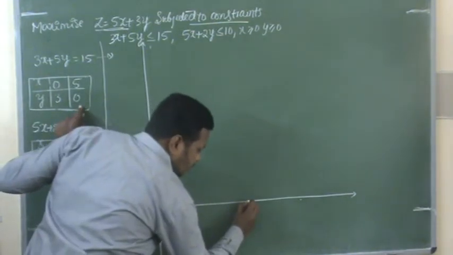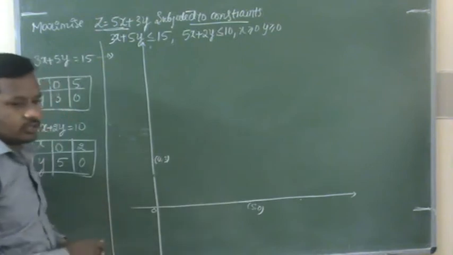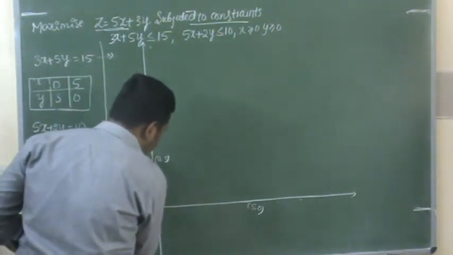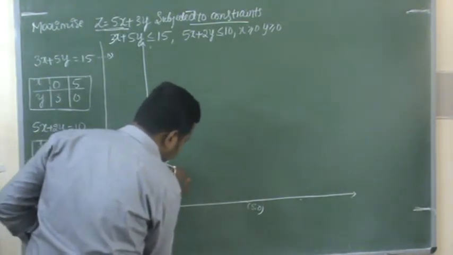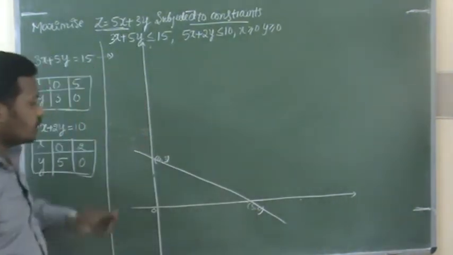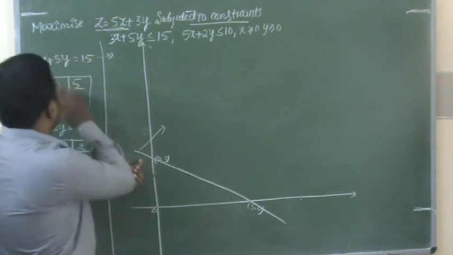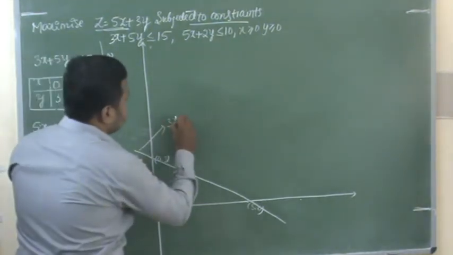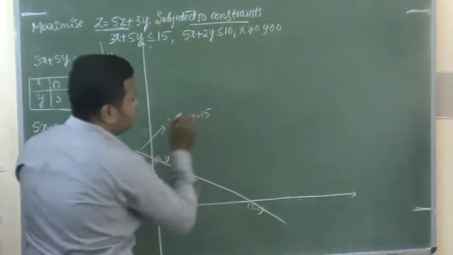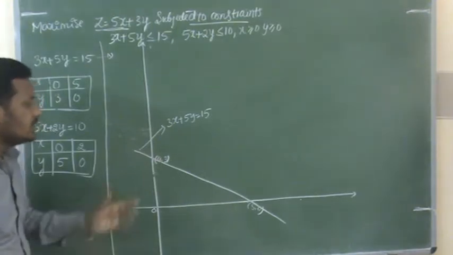This is also approximate, 5, 0. Okay, draw a straight line to join these two points. This is the line of the equation 3x plus 5y equals 15.